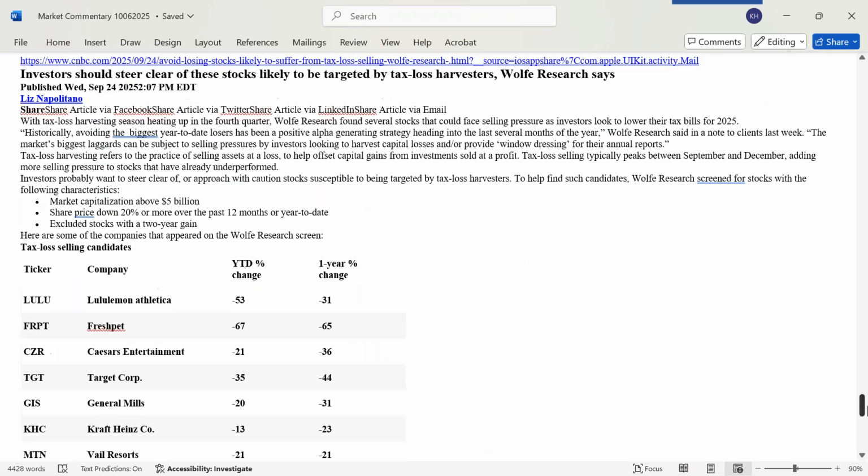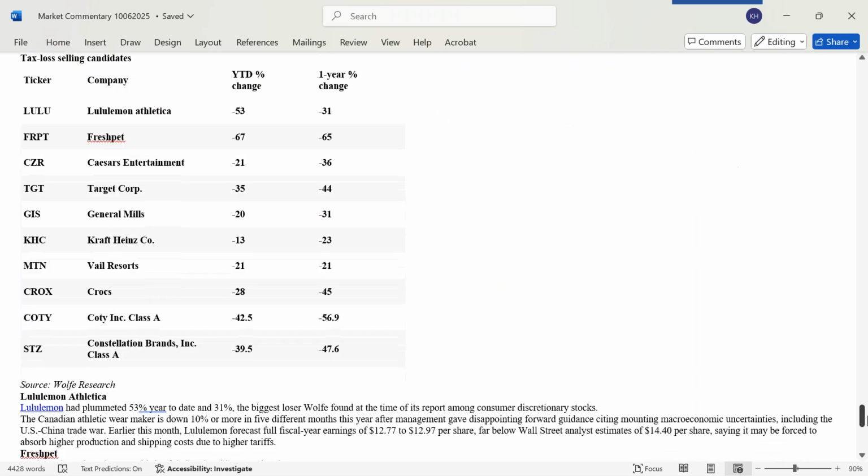And then investors should stay clear of these stocks to be targeted for tax loss. They're sitting right here: Lululemon, Freshpet, Caesars Entertainment, Target, General Mills, Kraft Heinz, Bell Resorts, Crocs, Coty, and Constellation Brands. These ones are doing really pretty poor year to date.